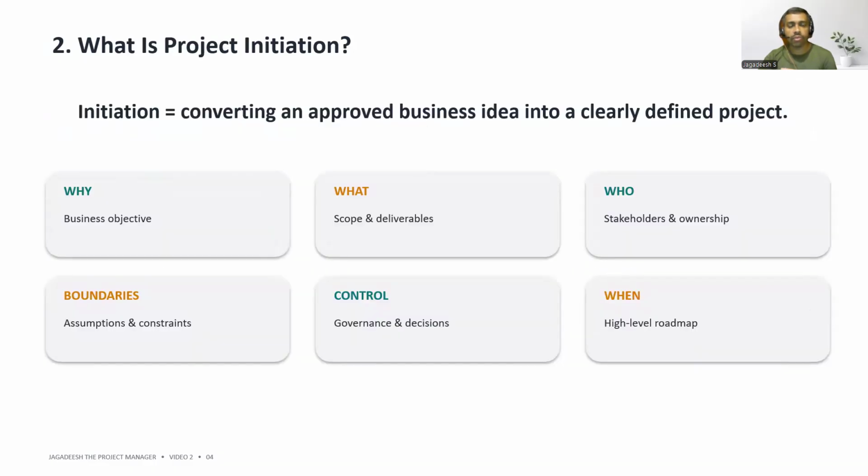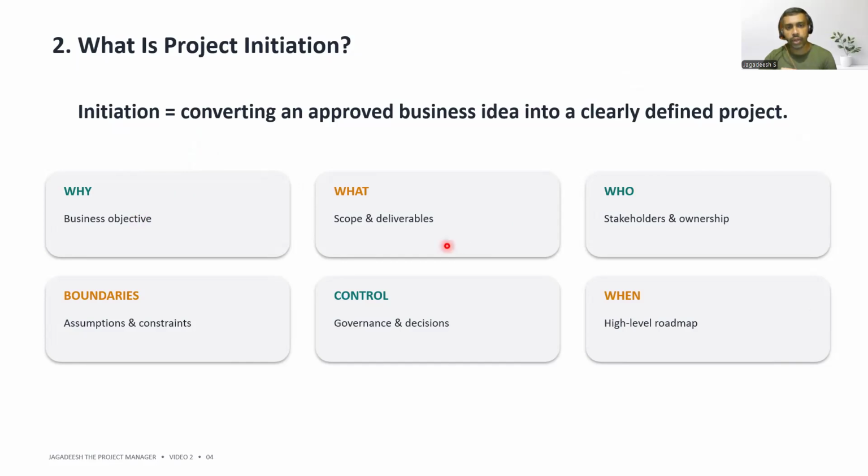Coming to what is project initiation? I think of initiation as creating a common understanding. I want everyone to have the same answer to six questions: why, what, who, boundary, control, and when. Why is the business objective.